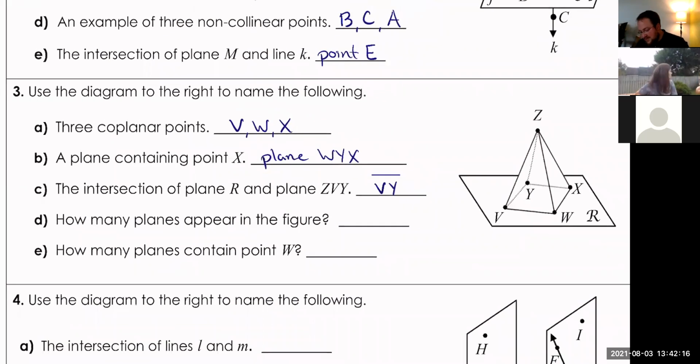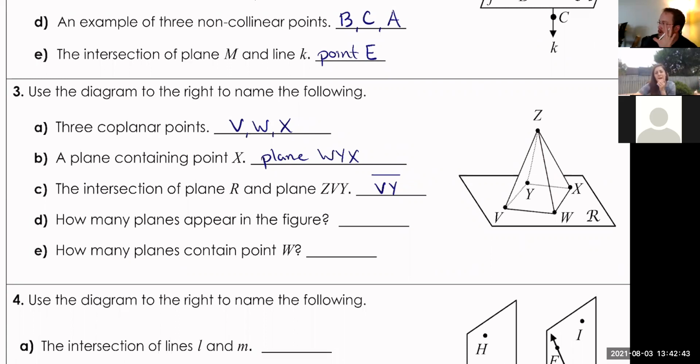How many planes appear in this figure? This is kind of a trick one. Two, one. Getting closer. Now we're just guessing. There's actually 5.